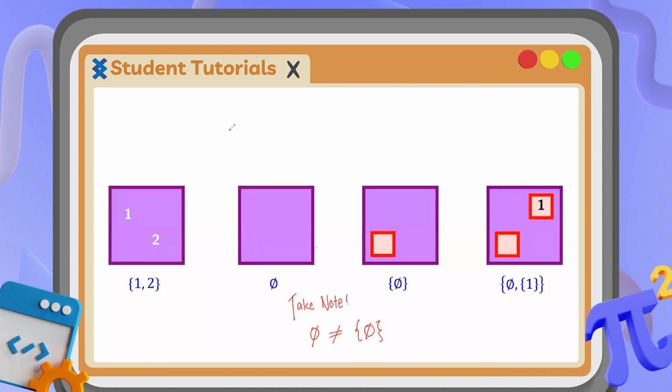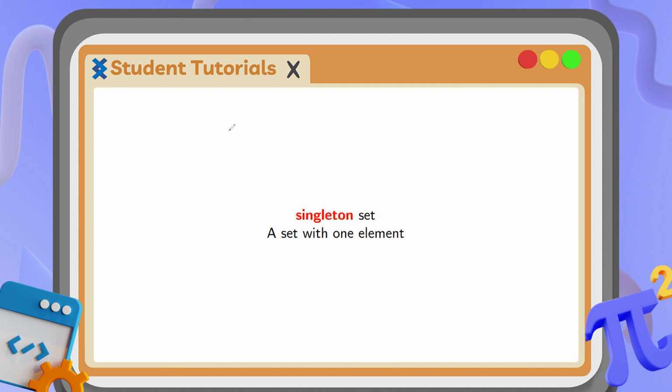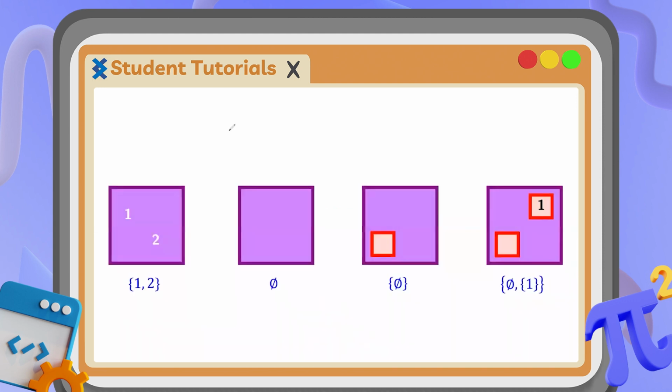So take note. Then we also have a singleton set, which is a set with one element. An example of this would be this set over here because it contains one element, and that element is the null set or the red box.